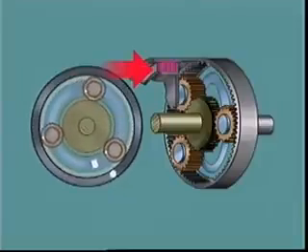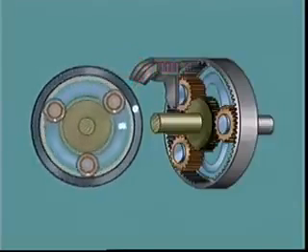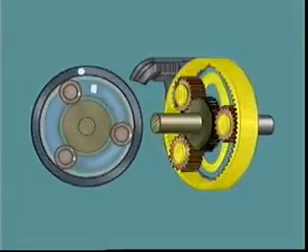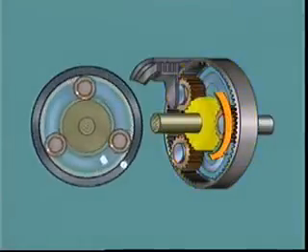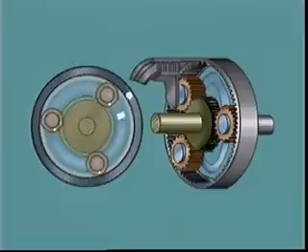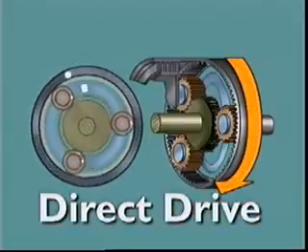When fluid under pressure is directed onto the clutch piston, the clutch plates are locked together. This locks the planet carrier to the ring gear. Now, when the sun gear is rotated, the planet gears can neither idle nor walk. The whole gear set turns as one unit to give a direct drive.